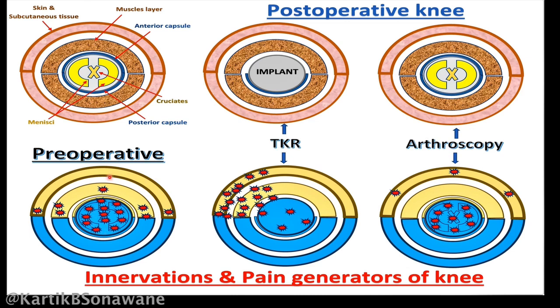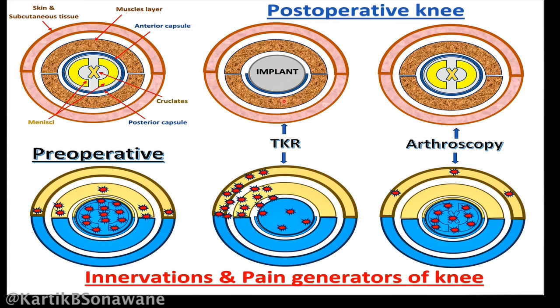When the same patient undergoes total knee replacement surgery, all the intra-articular pain generators are excised and replaced by the non-neural and non-vascular metallic implant, where the richly innervated anterior capsule is also getting excised. So whatever the pain generation which was there before, during the surgery, it is getting removed.